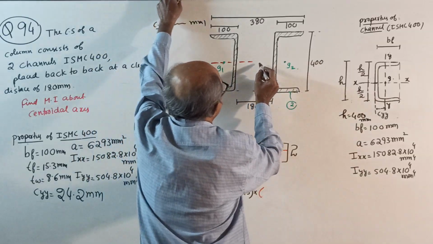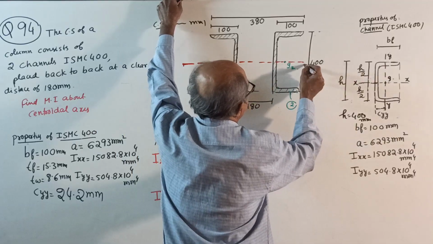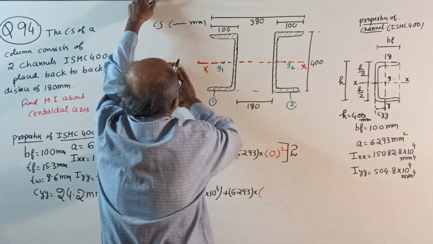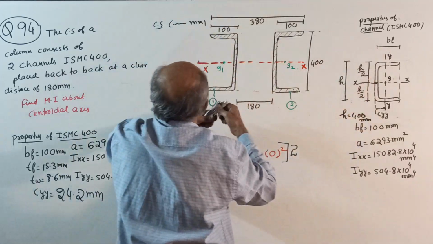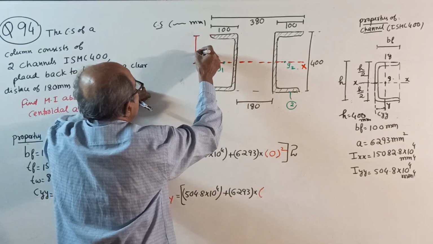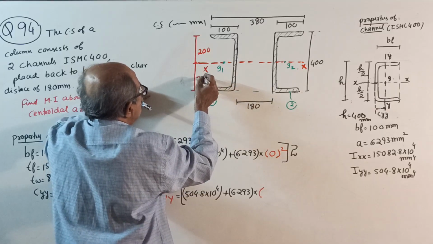This is your XX axis. Now, this total depth is 400. You can see here, H is 400. So this distance is 200, this is 200.